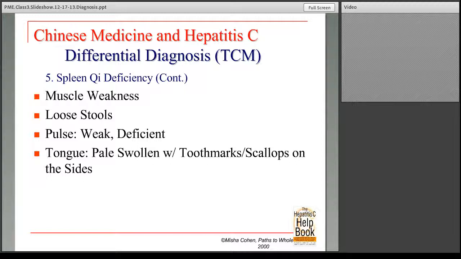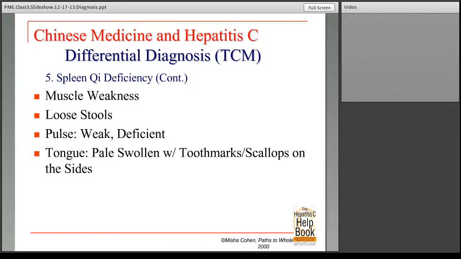And what's interesting about this is oftentimes liver qi stagnation and spleen qi deficiency with dampness are very much a part of many people's patterns and differential diagnosis in hepatitis C specifically. And we see this really, really commonly.